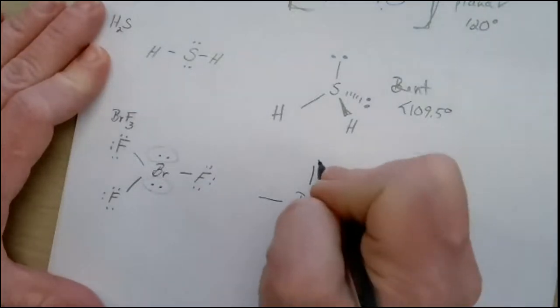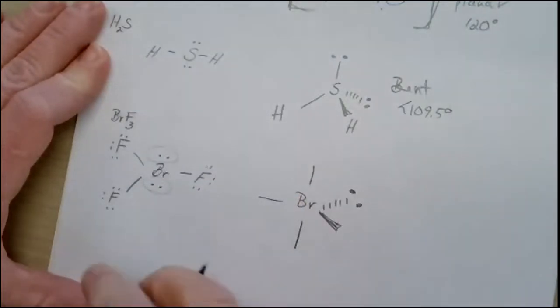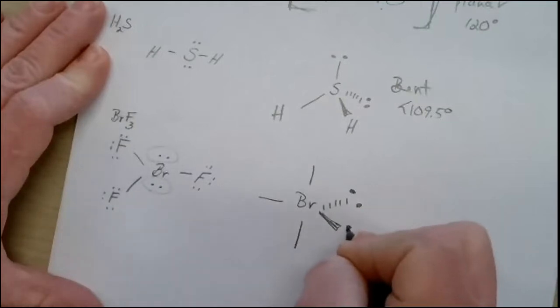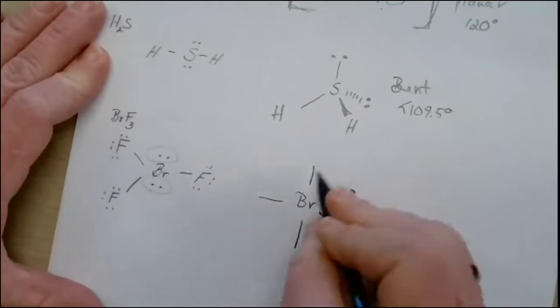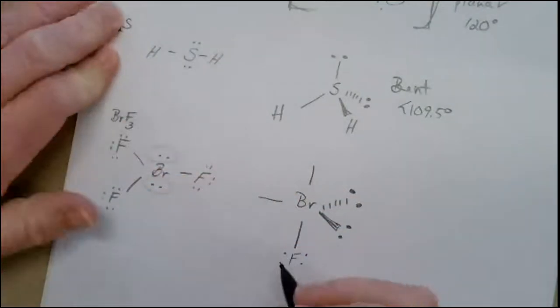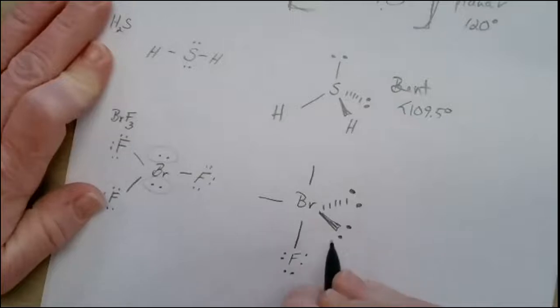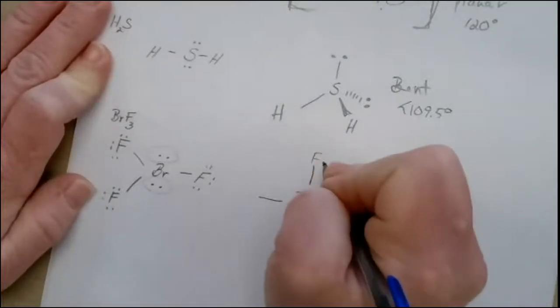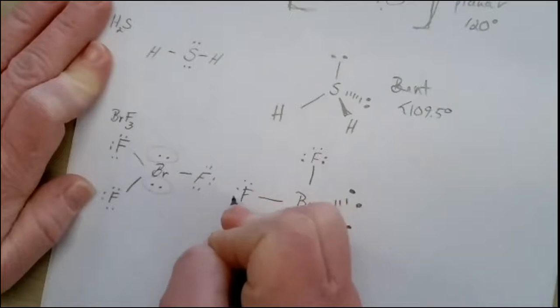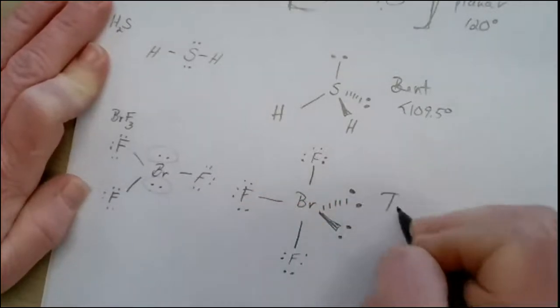Now, this geometry is called T-shaped. I'm going to favor putting the lone pair here and here because then how I've drawn it, it looks like a sideways T. But you could put the other lone pair there. You just have to use your imagination to be able to see the T. All right, so this will be T-shaped.